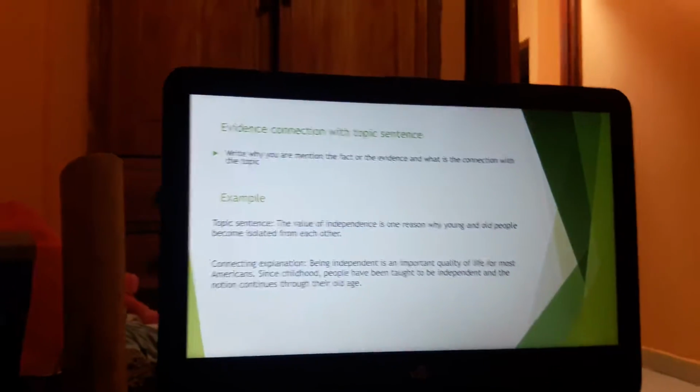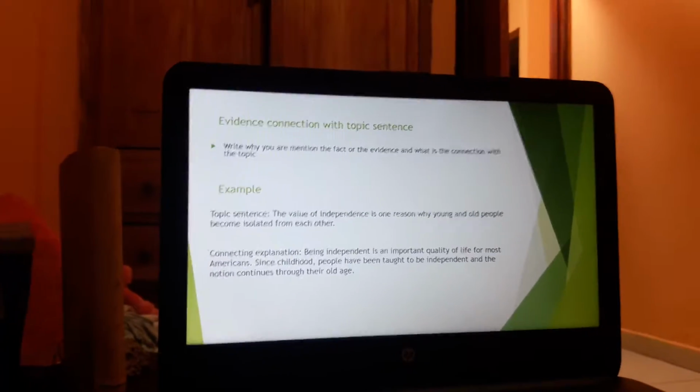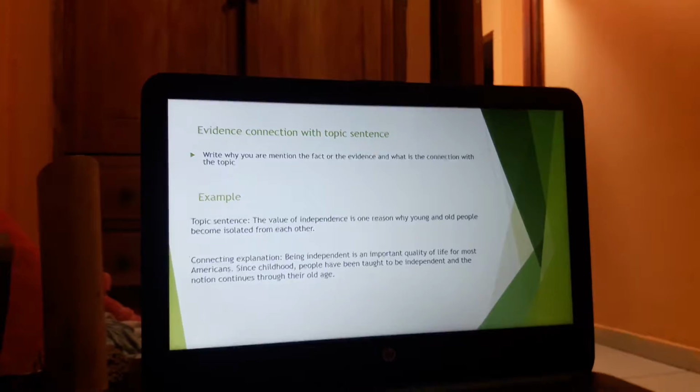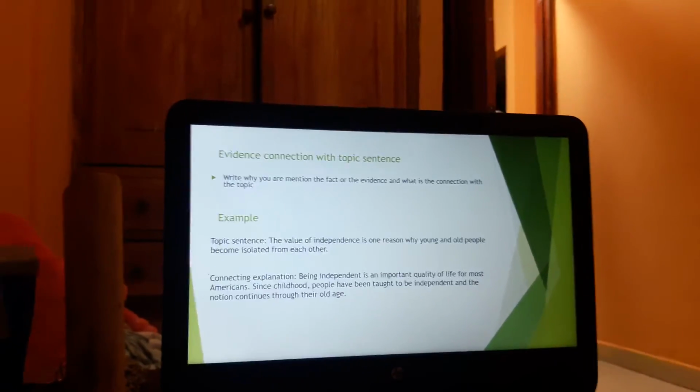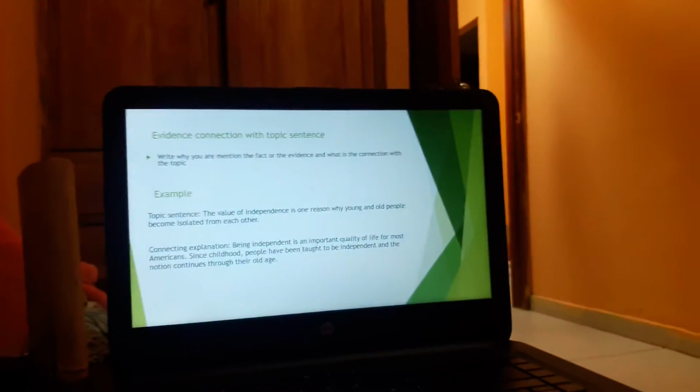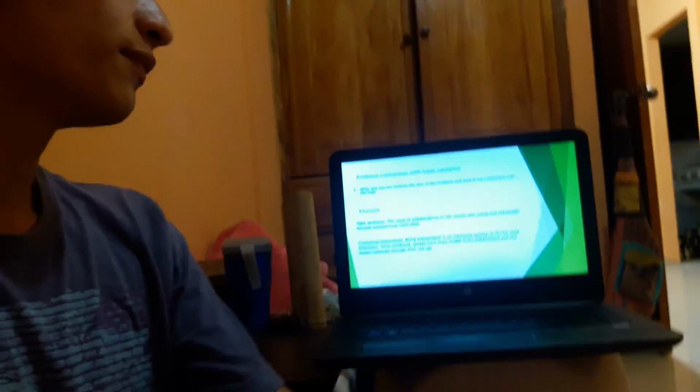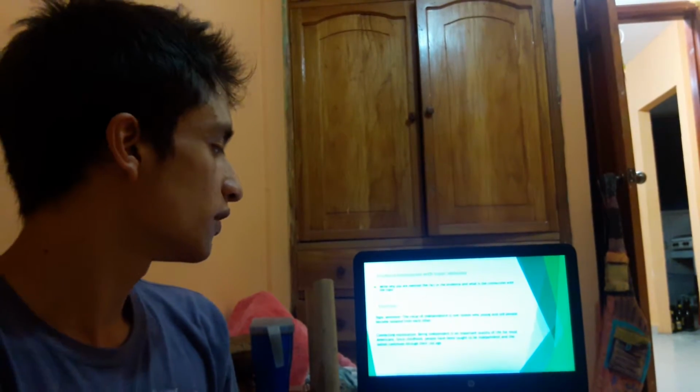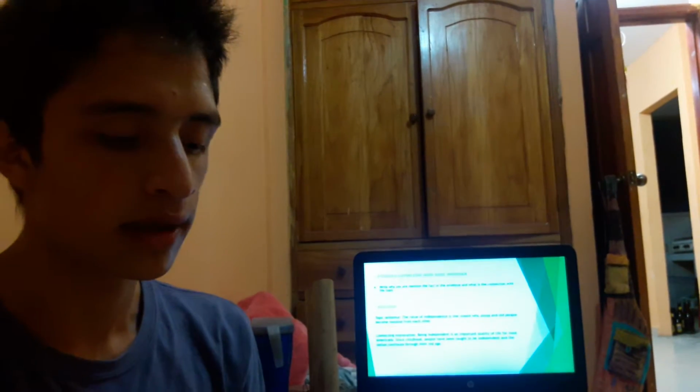For example, if the topic sentence is: the value of independence is one reason why young and old people become isolated from each other, the connecting explanation could be: being independent is an important quality of life for most Americans. Since childhood, people have been taught to be independent and this continues through their old age.